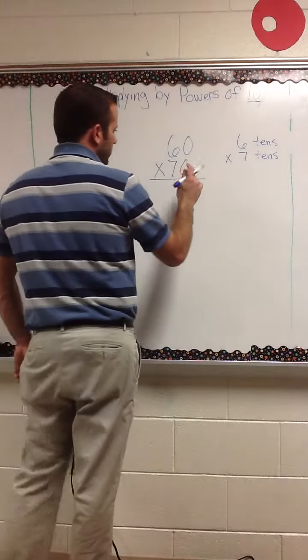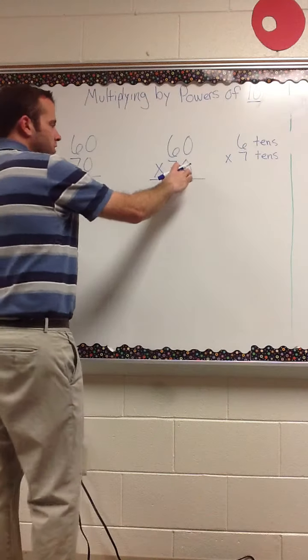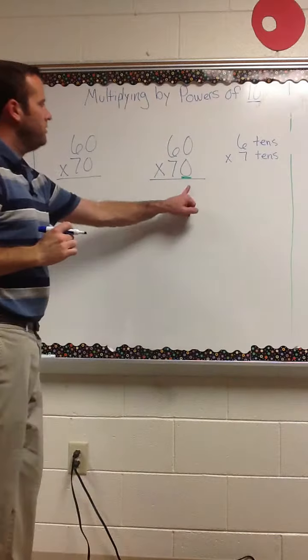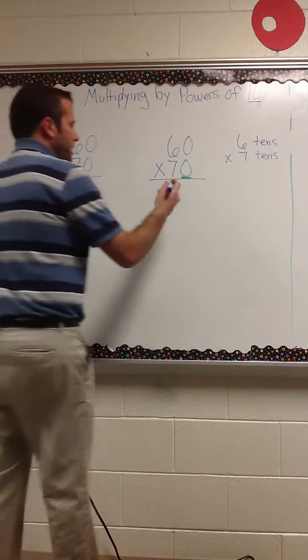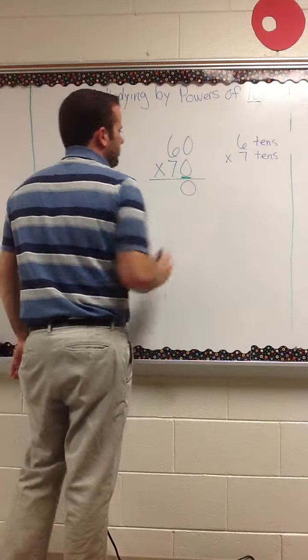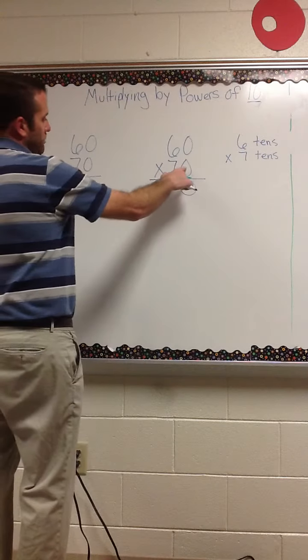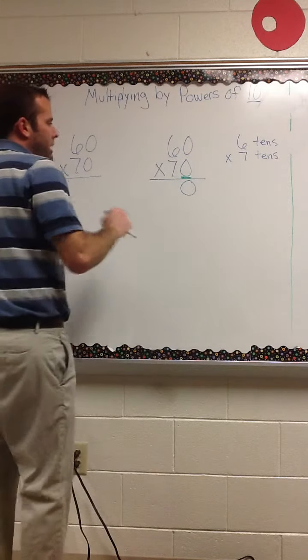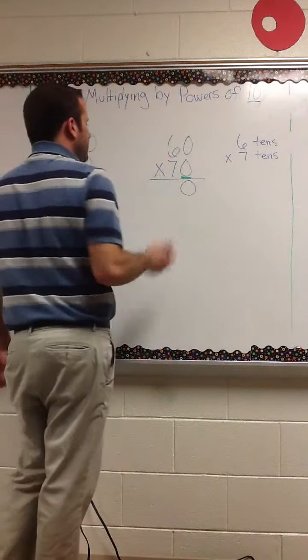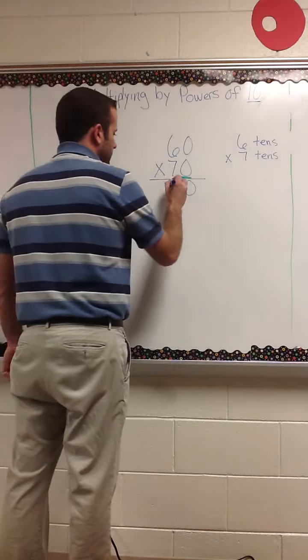And I am first going to multiply this 0 in my ones place by the 0 in the ones place here. So 0 times 0 is, of course, 0. And again, I'm still in this 0. I'm not finished with it yet. I have to multiply it by every digit in the top. So now I have 0 times 6, but that is also a 0.